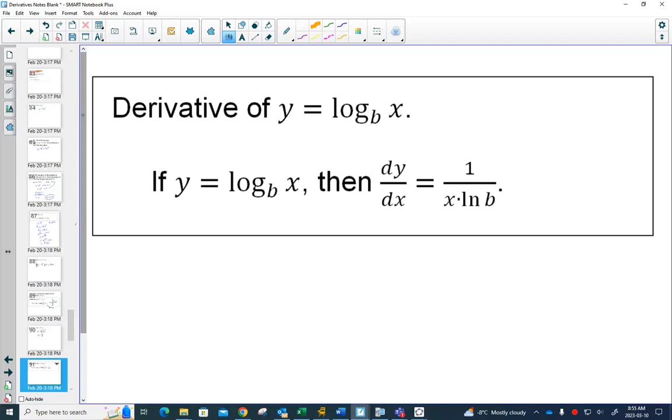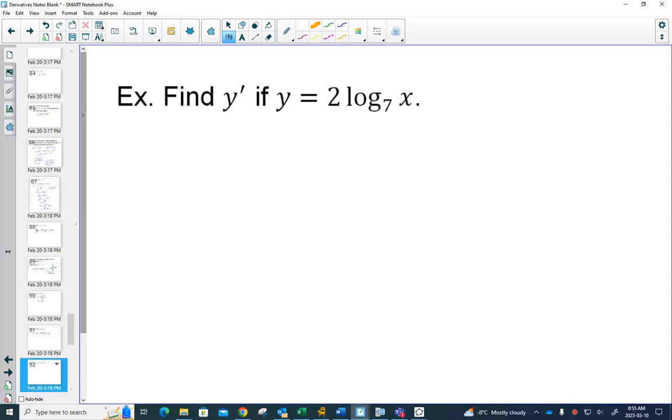But it's going to be 1 over x, and you're going to add a natural log of whatever that base is on the bottom. So what does this mean? If we had, again, I'm just keeping the 2 out in front, because trying to simplify too many things at once sometimes causes you to have problems, make errors.